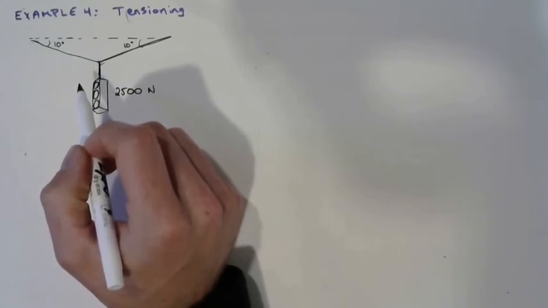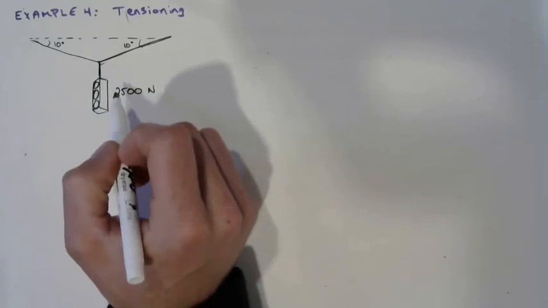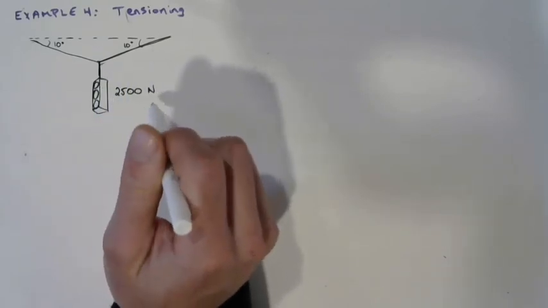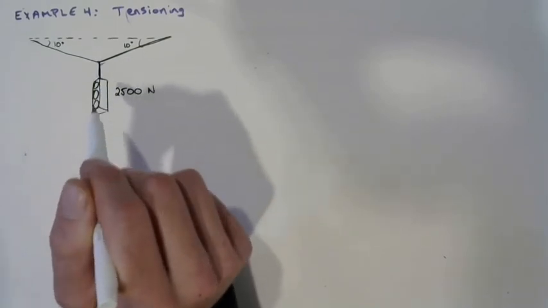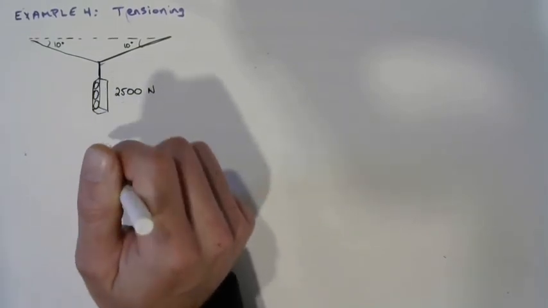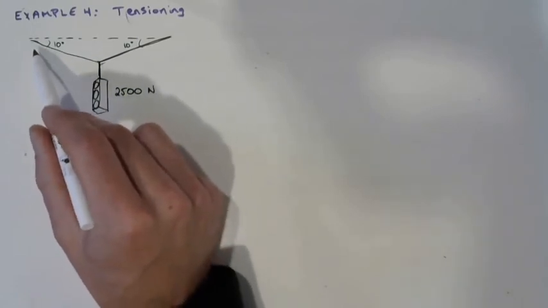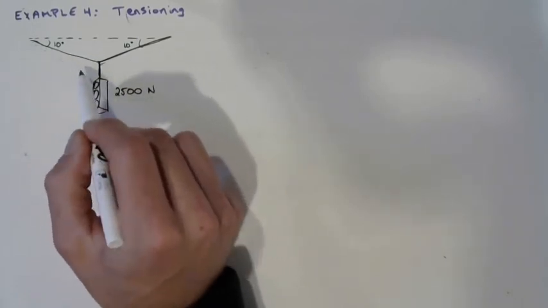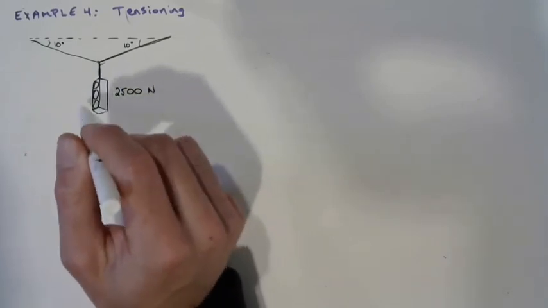So we need to figure out what force each wire is participating in order to balance the situation, in order to hold the traffic light right where it is without allowing it to fall lower or pull it up higher. Okay, so what amount of force are these wires acting on the light itself?